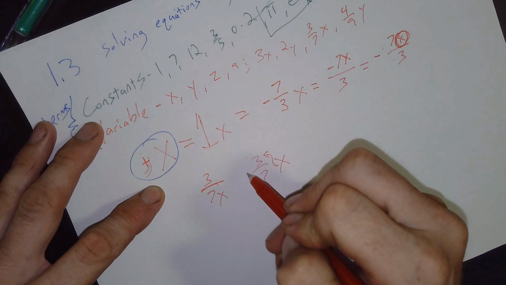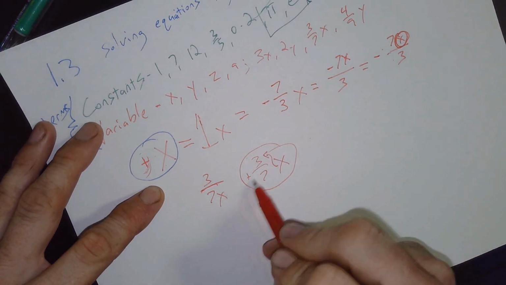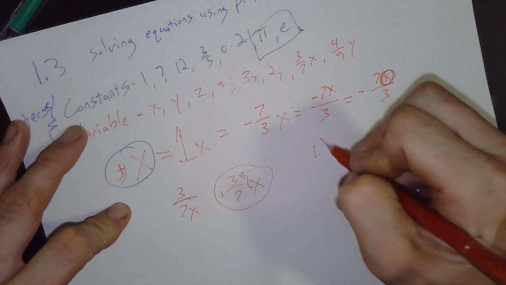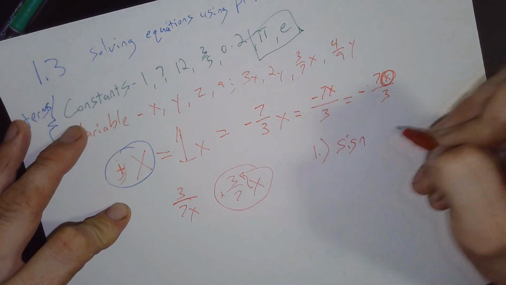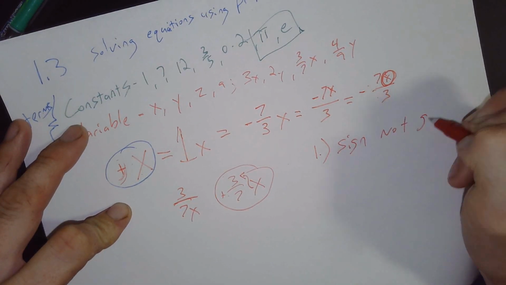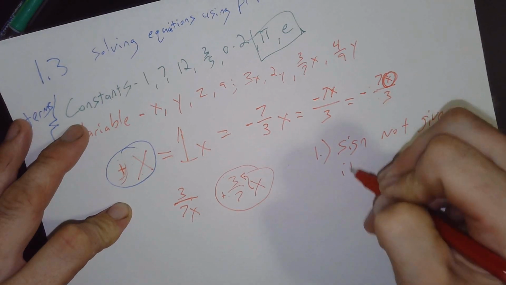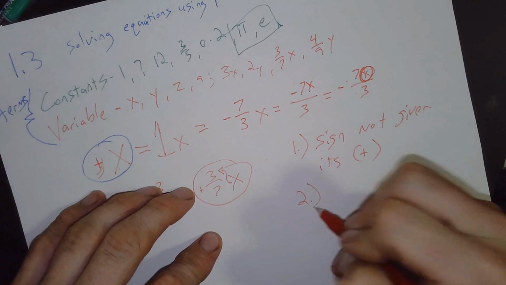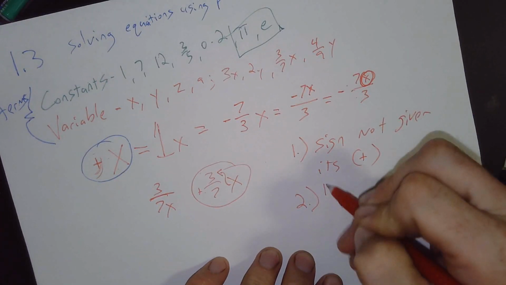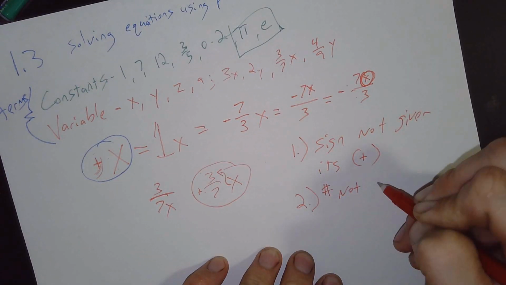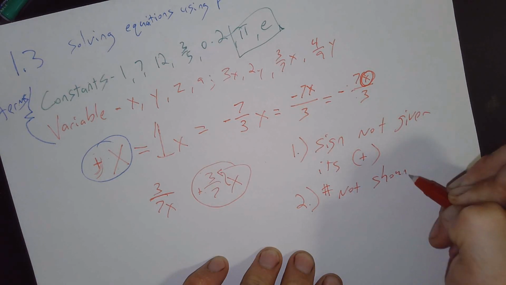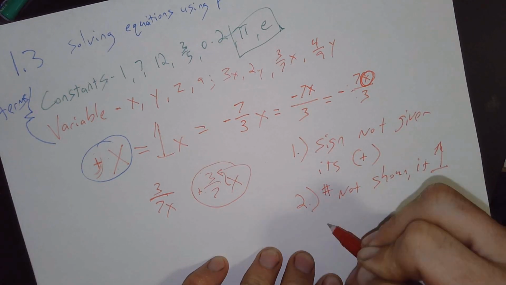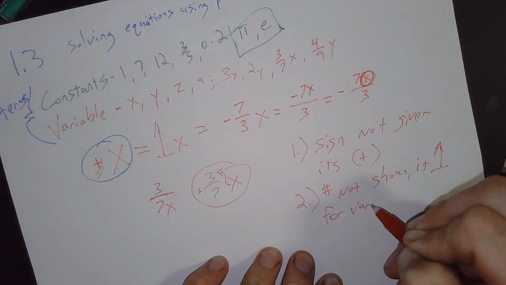So, one: sign not given, it's positive. Two: number not shown, it's 1. For variables.